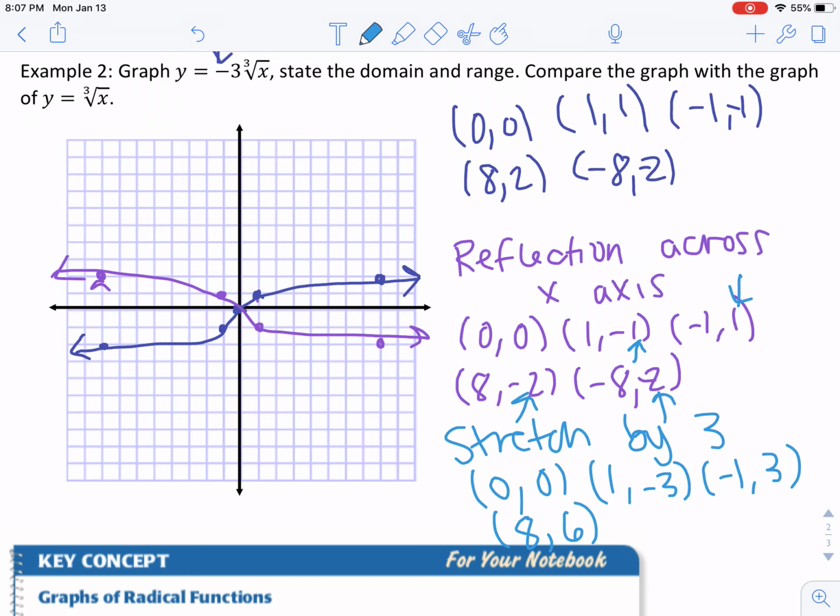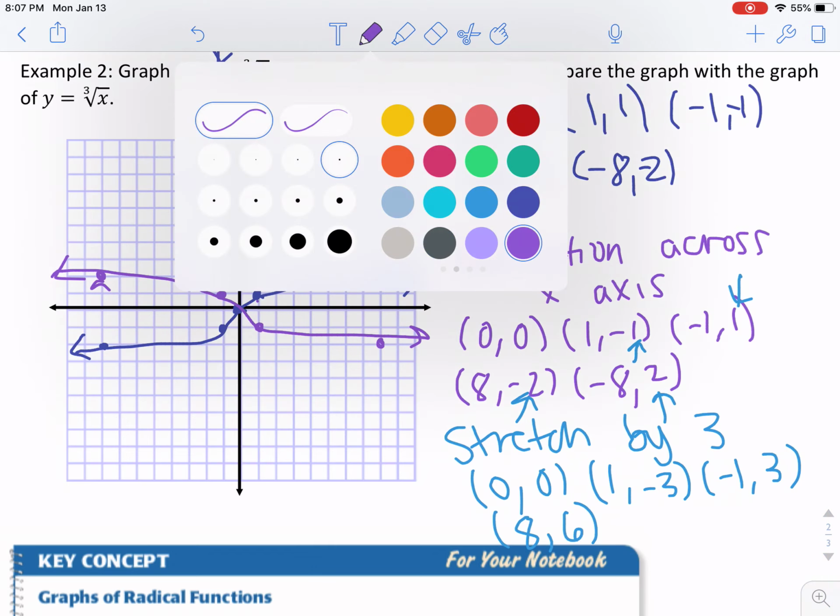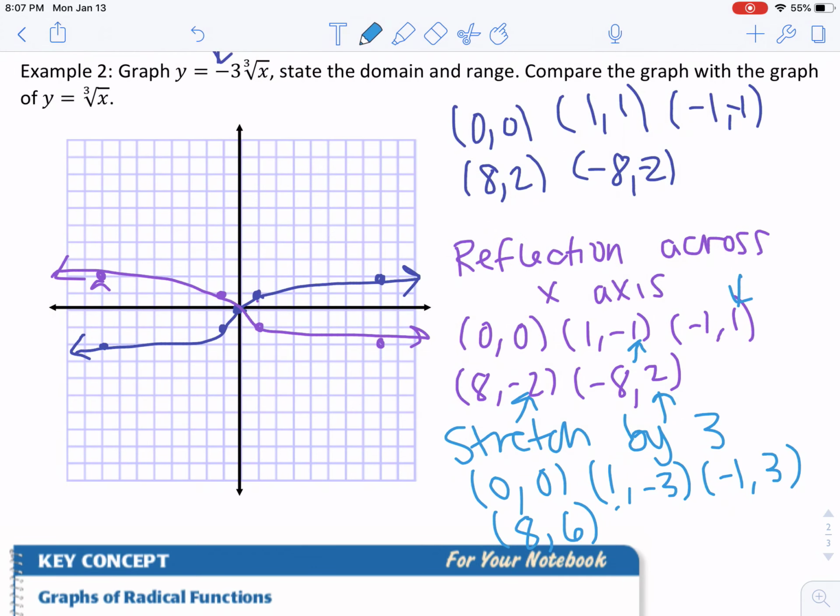And this was a +2, so (-8, 2) becomes (-8, 6).